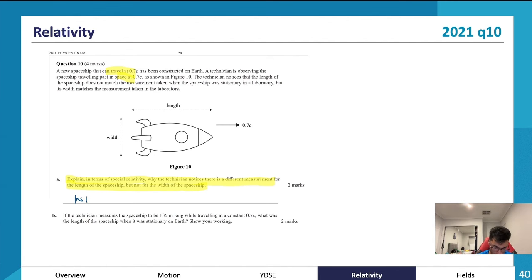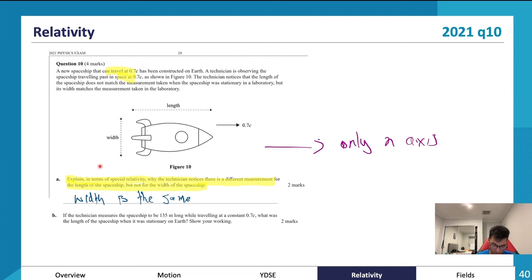So the width is always the same, because we are traveling in this direction, and the length contraction is only going to happen along the direction of motion. So the width has no effect and will not dilate or contract.